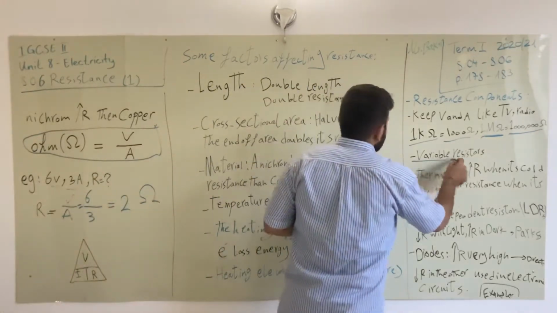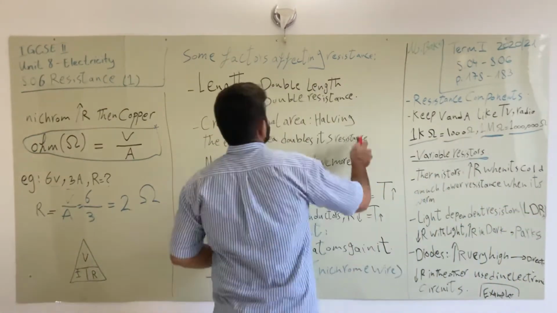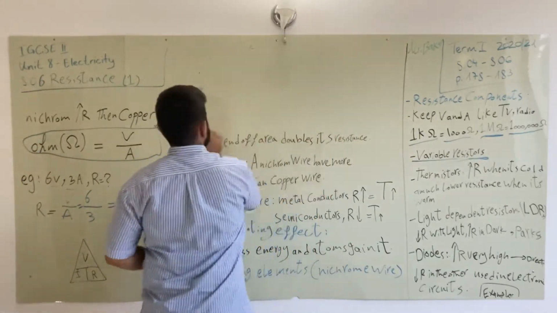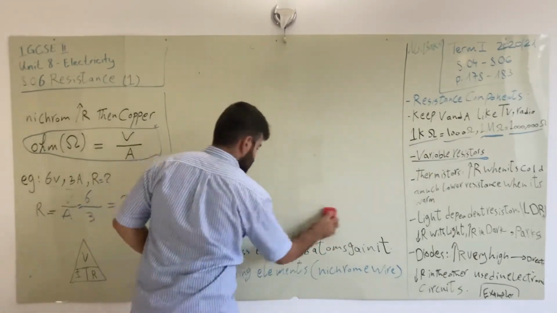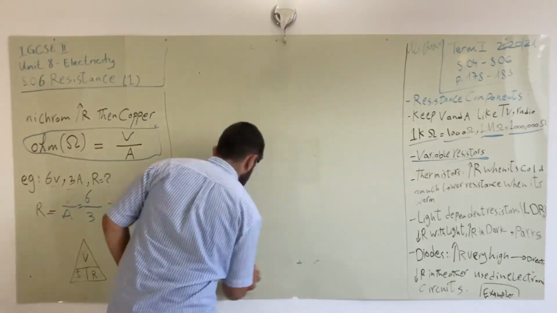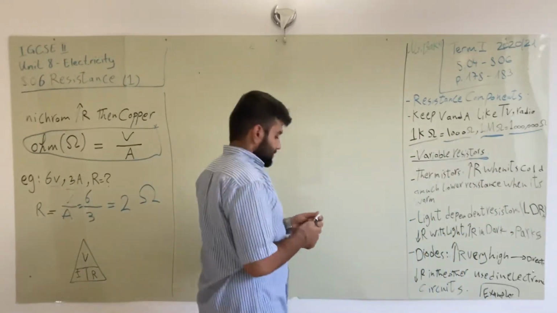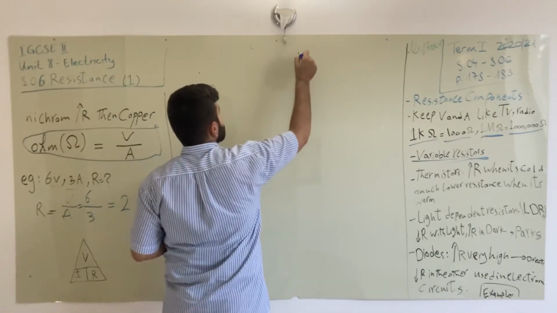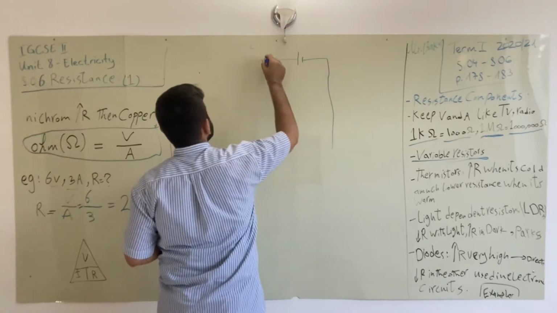Then we go to the variable resistor. Let me draw this for you so we understand how this variable resistor works. For example, we have here a cell, and I have here a light bulb lamp.